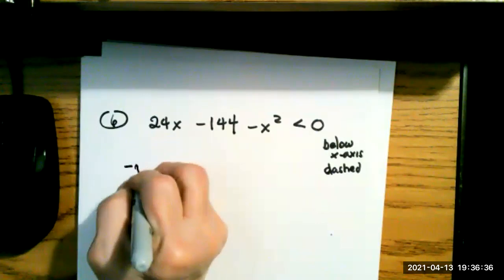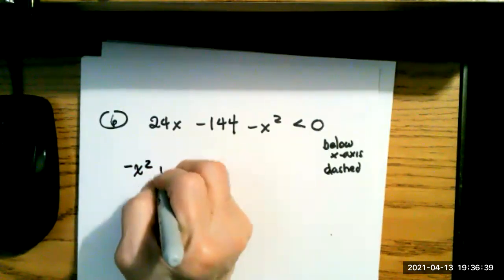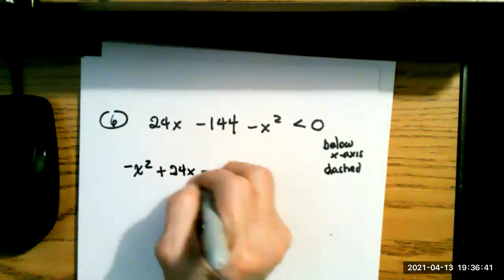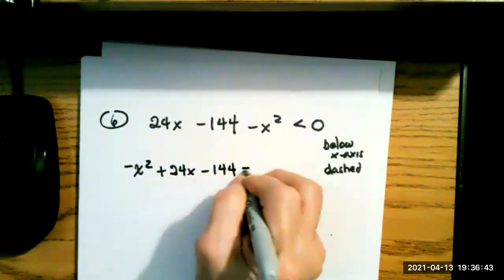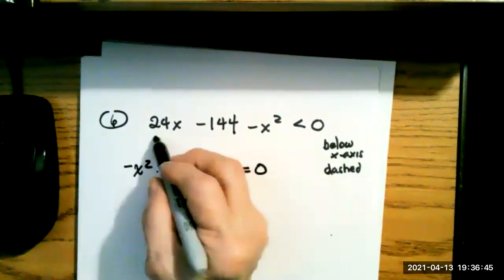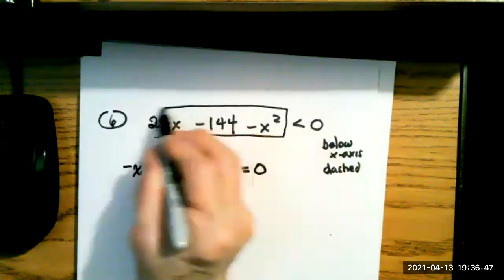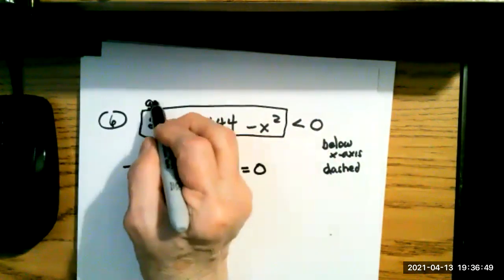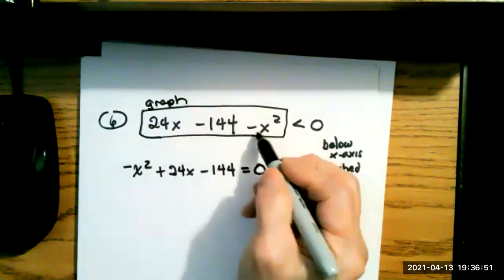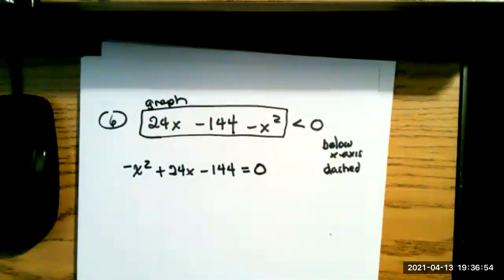So I'm going to play with it a little bit. I'm going to say negative x squared first plus 24x minus 144. And I'm going to set this one equal to 0. But remember that when I graph it, I'm going to need to graph that one right there, because it's going to be an upside down parabola because of that negative x squared. Okay.